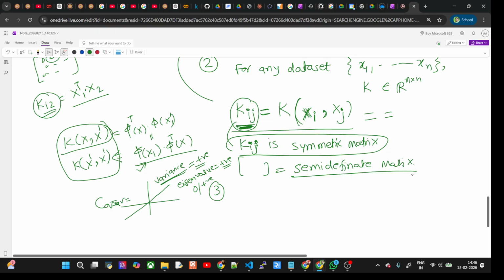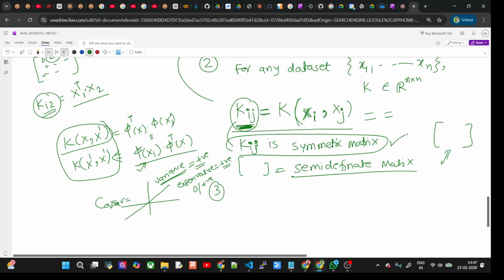If it is symmetric, then take the data x1 to xn, calculate the K_ij matrix by putting x_i and x_j into that kernel function, create the matrix, and figure out whether it is a semi-definite matrix with non-negative eigenvalues, and whether it is symmetric or not.